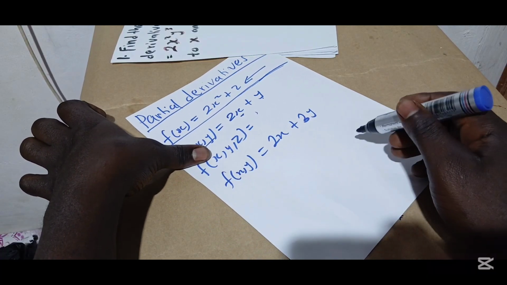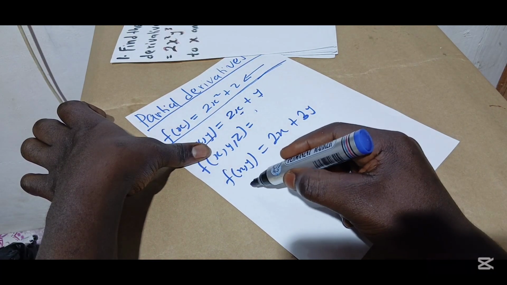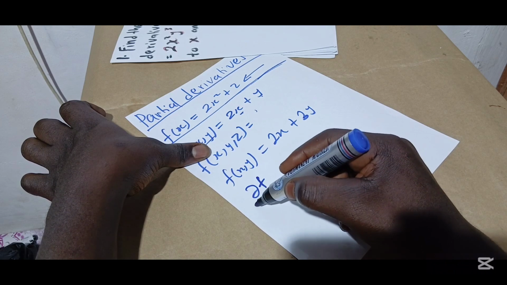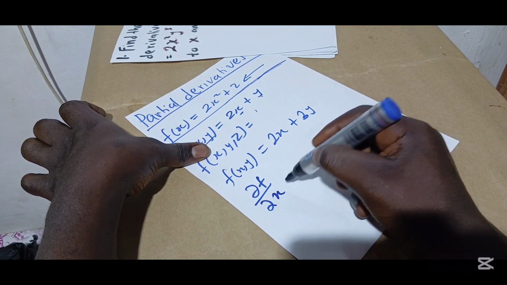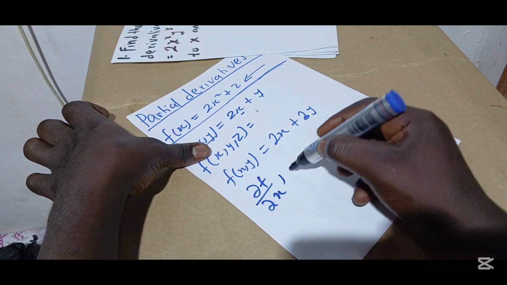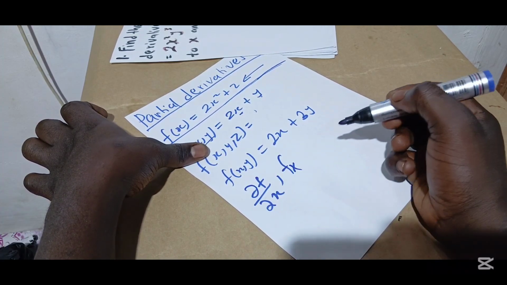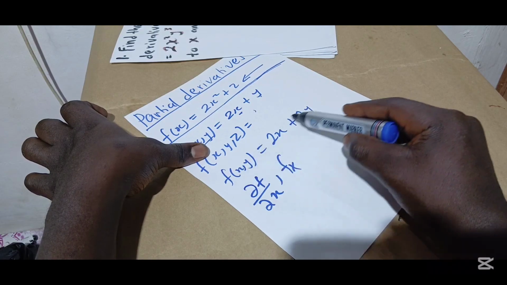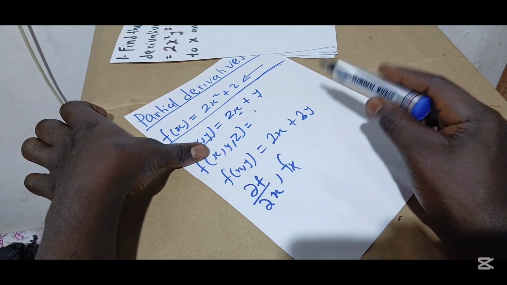I can write it this way: this is the symbol for the partial derivative of f with respect to x. I can also write it like this, simple. This means that I'm going to differentiate this function with respect to x, leaving y as a constant.